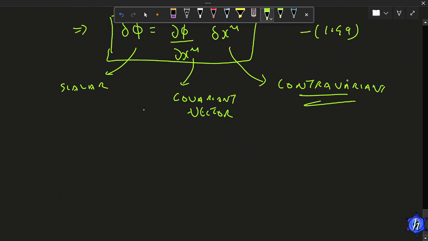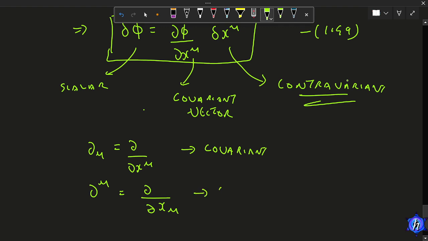So we'll use a shorthand, which is very important and going to be very useful for us. Dou mu is dou by dou x mu. This is the covariant vector. And we can write similarly upstairs, which is contravariant. When it is in the denominator, the rules are different.